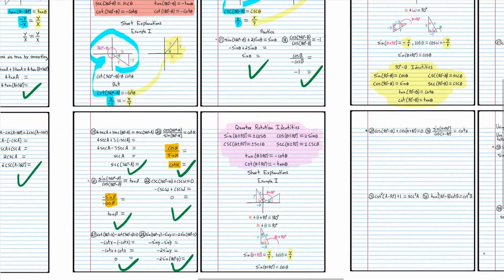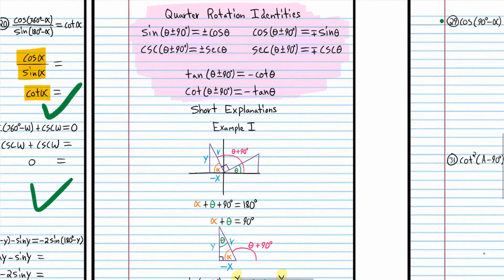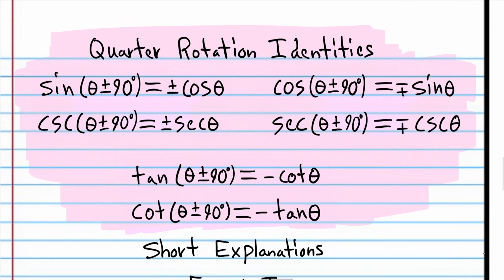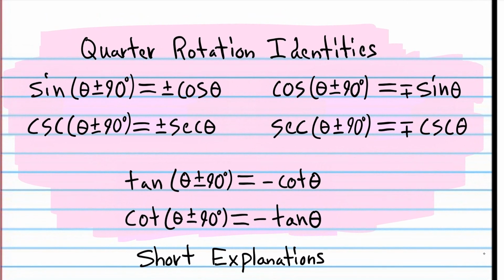So now we are going to learn the quarter rotation identities. Go ahead and get a screenshot of these equations. Now I want you to be aware that the explanations that we can give for these identities are going to be pretty complicated.